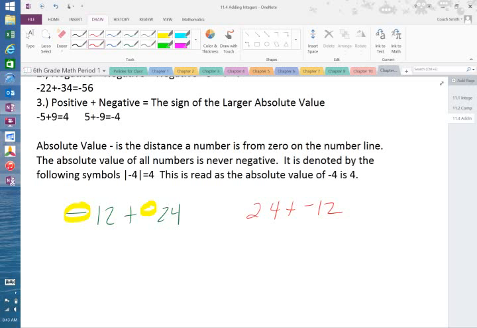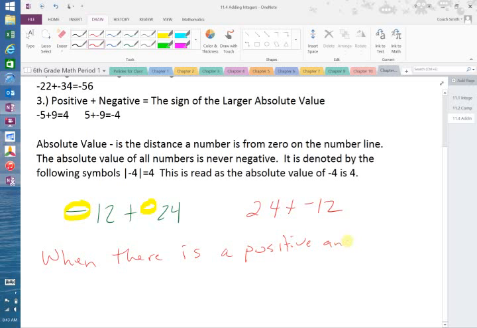And here's what you're going to do. When there is a positive and negative number, and you are adding.